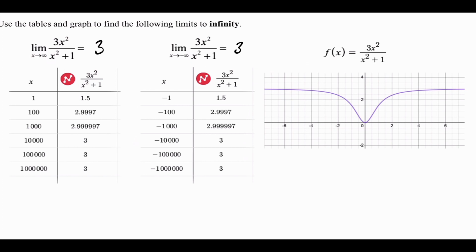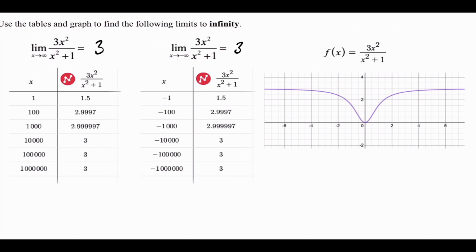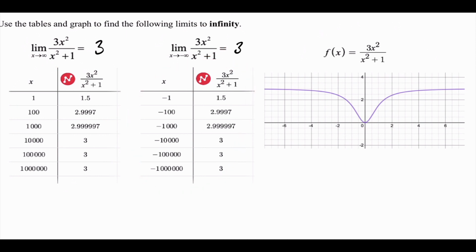The graph here is the same function as these two. They're all three the same. One is as x approaches infinity, one is as x approaches negative infinity, and here's the picture of what it looks like. So what are things that you notice about this graph? Anything that stands out?